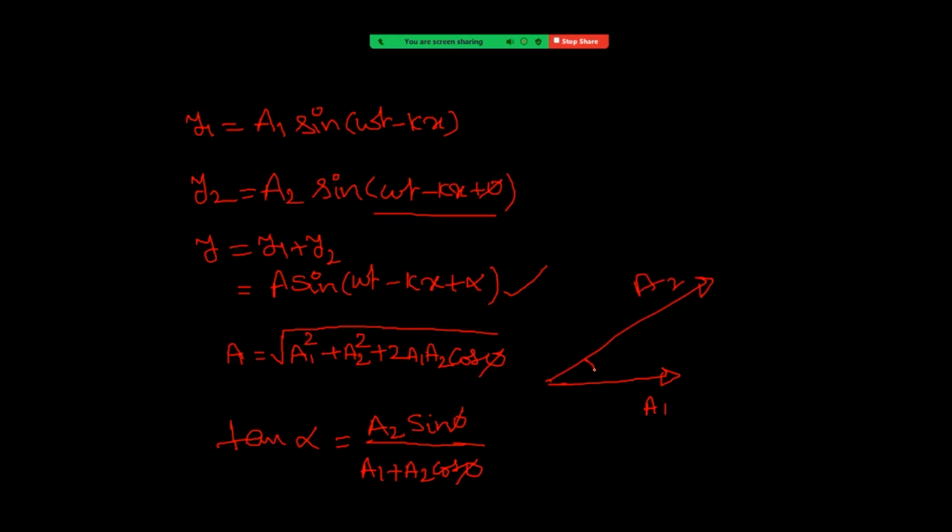The angle between these two is the phase difference. Then this is the resultant. The angle made by it with A1 is alpha, right? So this is what we have discussed even in simple harmonic motion.